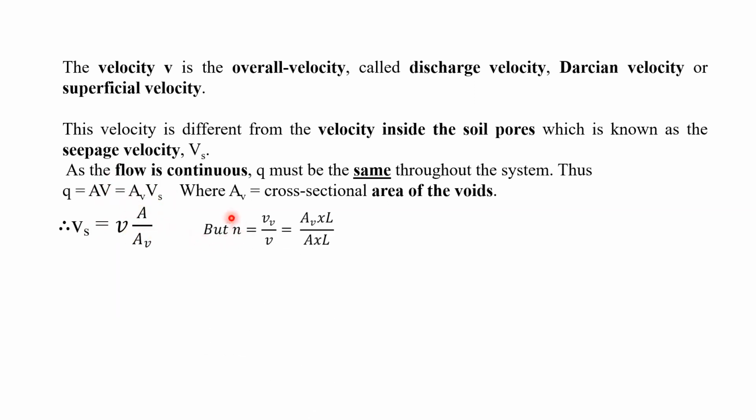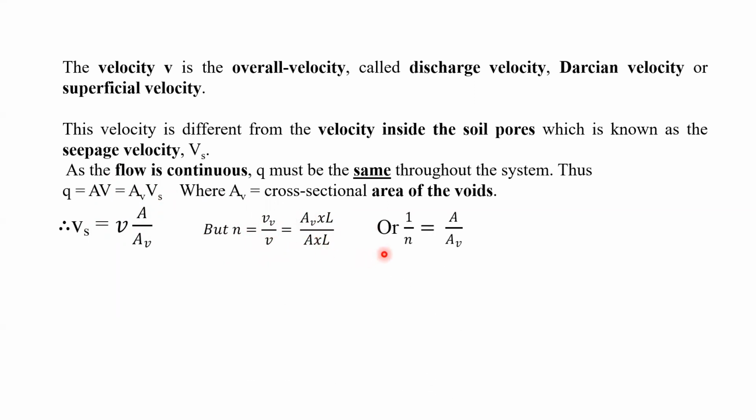But we know that porosity, this definition also we know, is volume of voids by total volume. So volume of voids we can write as the cross-section area of the voids into length of the sample, divided by the cross-section area of the sample into length of the sample, in place of the total volume. So this can also be written this way.